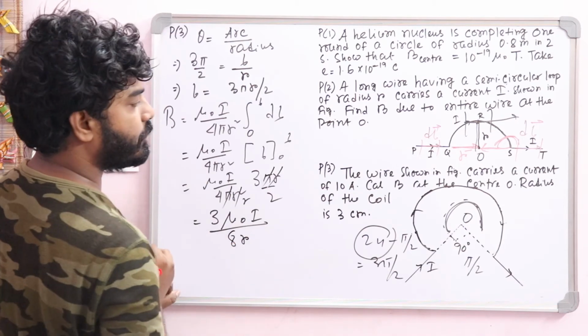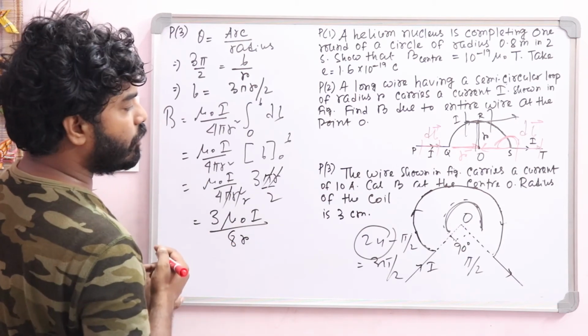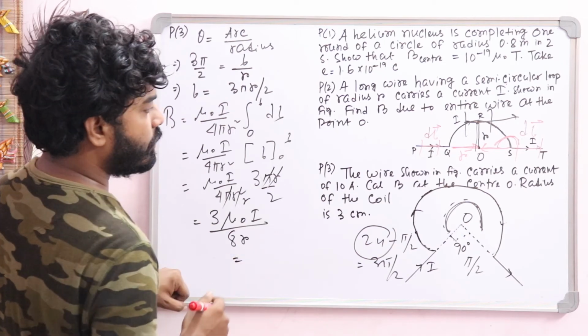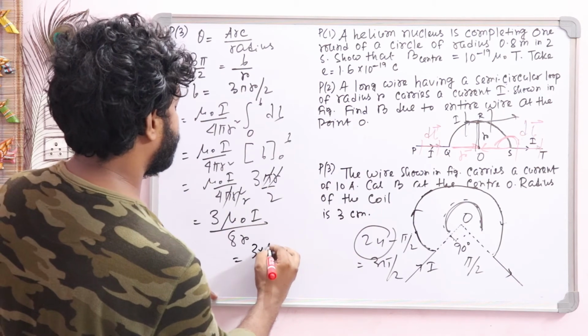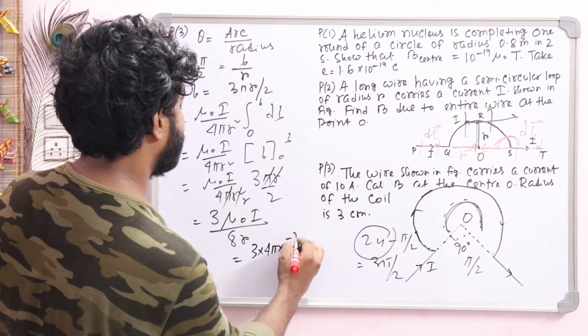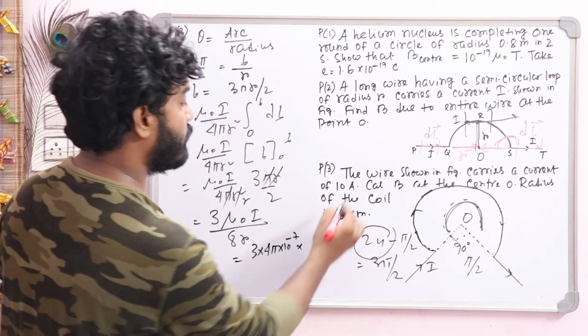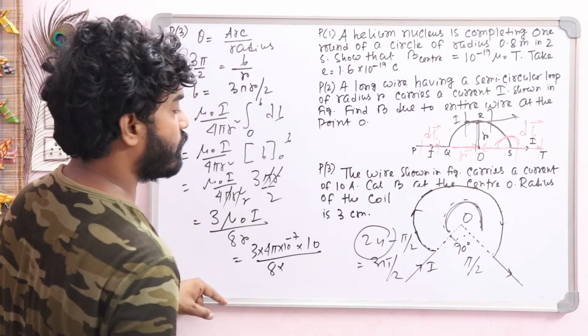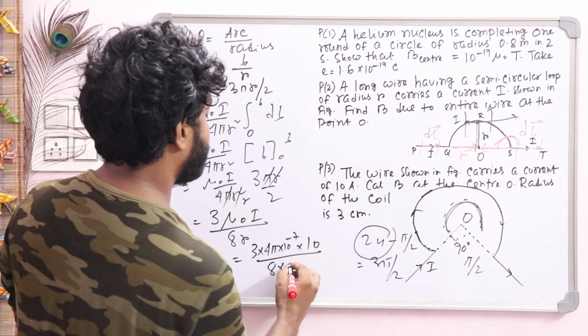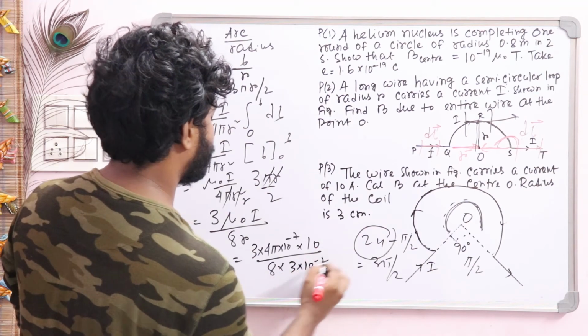Okay, now putting the values: mu naught is 4 pi into 10 to the power minus 7. The value of I is given as 10, and 8, and R is 3 centimeter, that is 3 into 10 to the power minus 2.